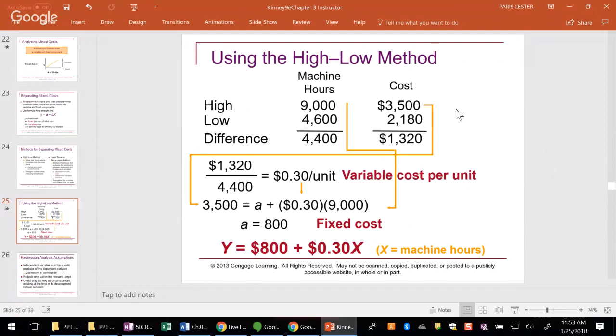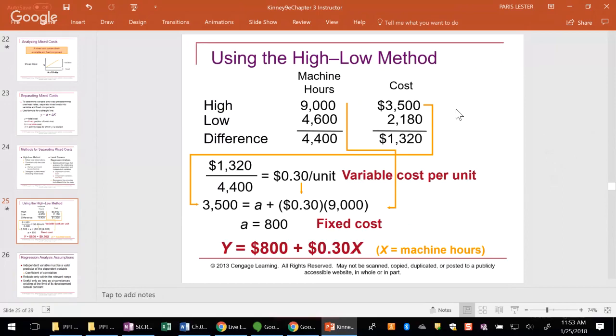We take the high of 9 and the low of 46. We get 4,400 difference. We take the high cost of 35 and the low of 21.8, we get 13.2 difference. We divide the dollars by the unit difference and get 30 cents a unit variable cost. All right. Now take 9,000 units times decimal 30. Let's do that.